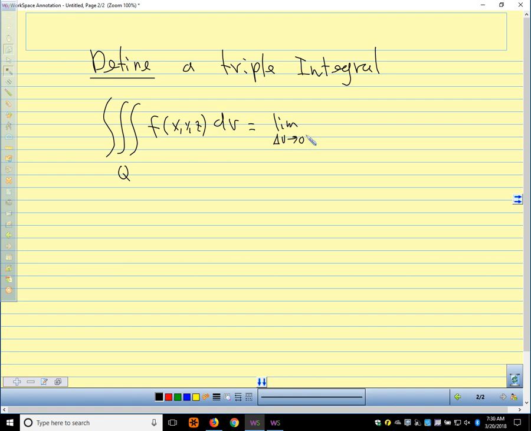And again, what we're saying with delta V approaching 0 is that the longest diagonal of the prisms that we divide our solid into approaches 0. The sum from i equals 1 to n of f of x sub i, y sub i, z sub i, delta V sub i.